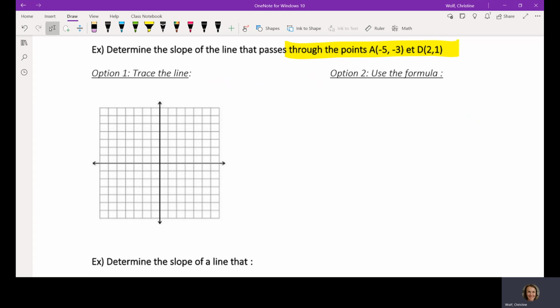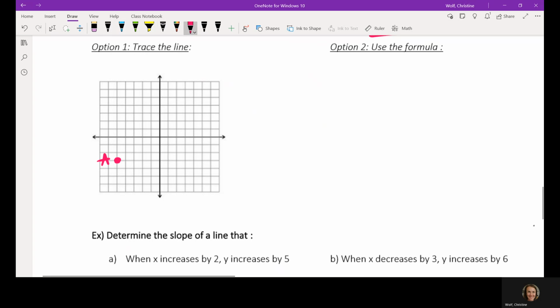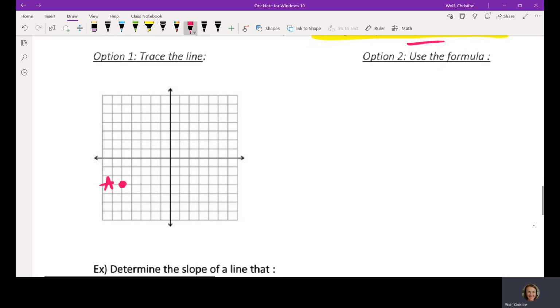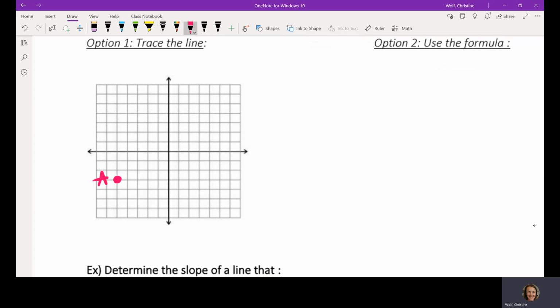So what I would do here for option 1, trace the line, and I would plot these 2 points. So there's my first point, A, I'm going to plot that on -5, -3. You guys remember how to plot points? You go to the X is -5. But then you go to where Y is -3, and that is the point A. Then you plot the point 2, 1, that's D. So you go to X is 2, Y is 1, there's the point D. And just like that, we've drawn that line.